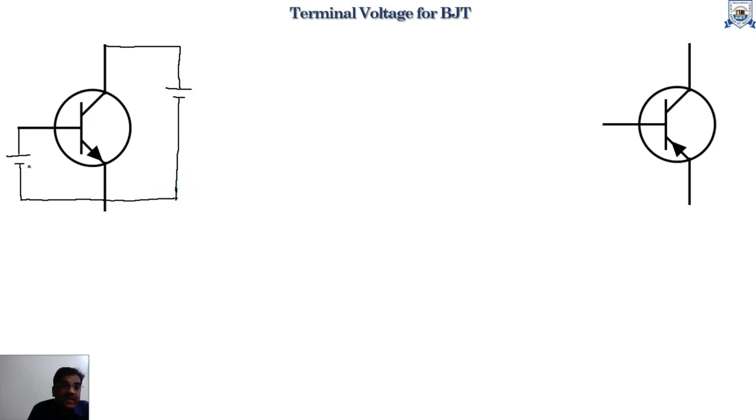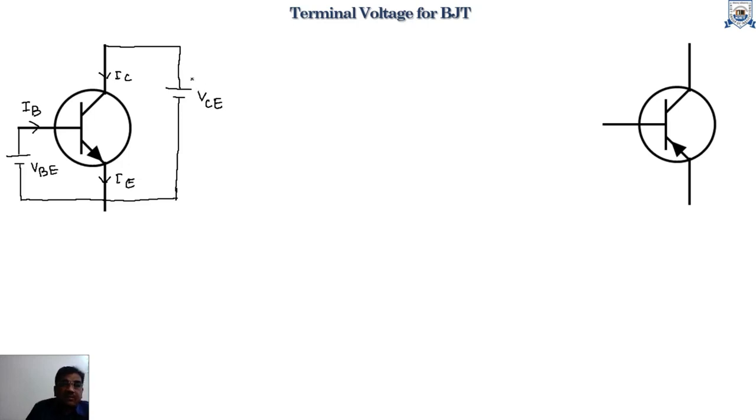Here, this voltage is designated as the voltage between base and emitter, VBE. This voltage is designated as the voltage between collector and emitter, VCE. Of the various current components flowing across the NPN bipolar transistor, IB is known as the base current, IC is known as the collector current, and IE is known as the emitter current.